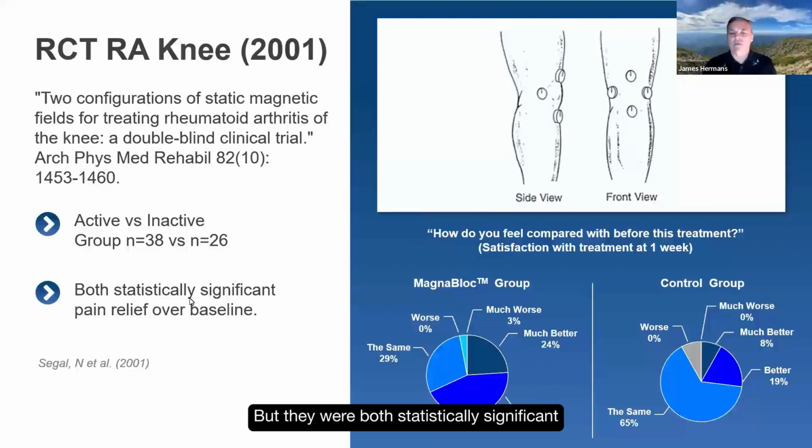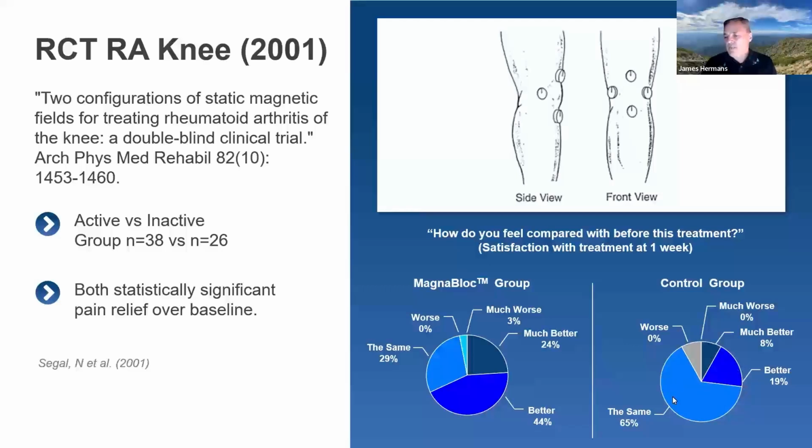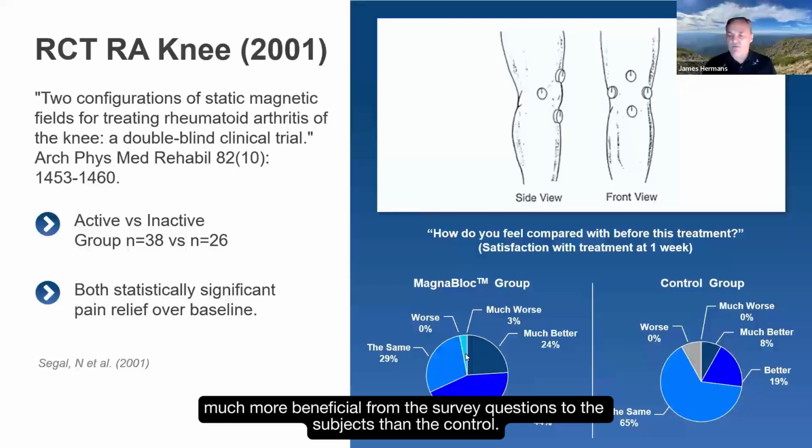They both showed statistically significant pain relief over baseline, but not statistically significant between the two groups, although the survey did show that the active magnet was much more beneficial from the survey questions to the subjects than the control.